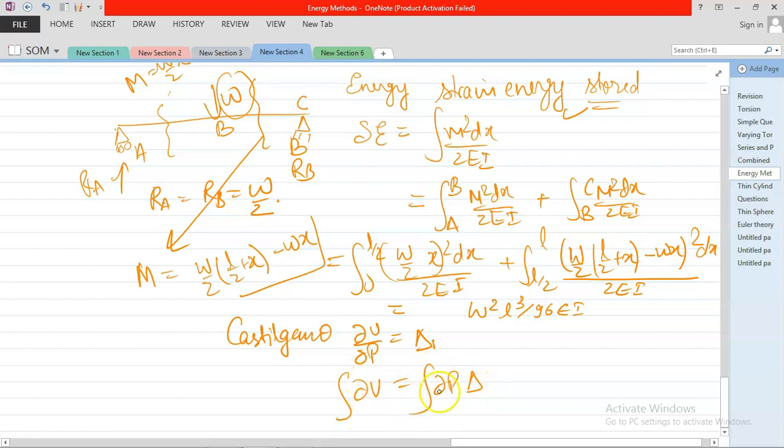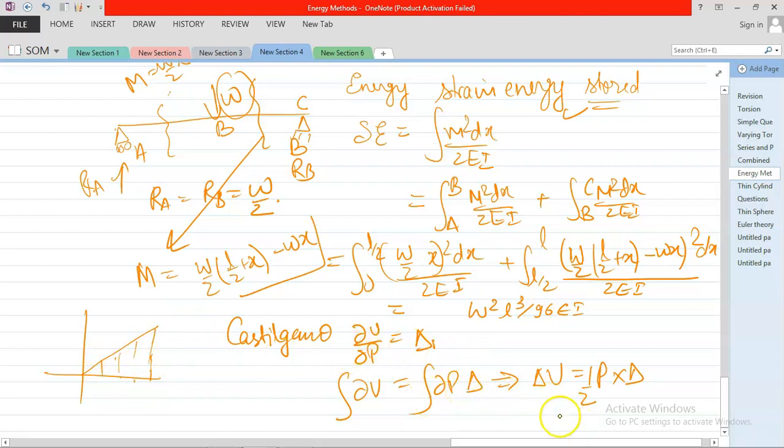Now integrate, you get the strain energy U is equal to P into delta, and this is multiplied by half, because just like we said in strain energy, stress is directly proportional to strain, so the area under the curve is half P into delta.